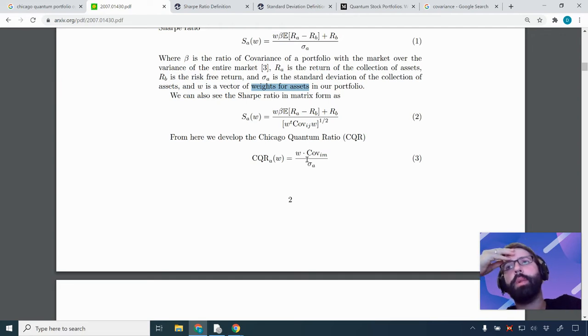but isn't that implying that you're never going to pick the risk-free investments? Because they will have a covariance close to 0 with the market, according to their own statement, right? And so then the CQR is going to be 0.